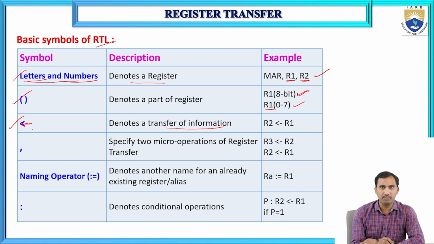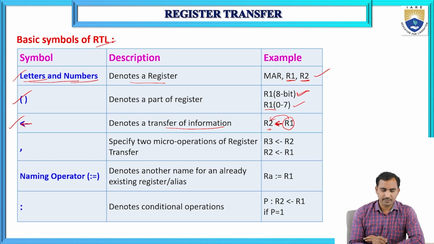For example, R2 arrow R1 means the contents of the R1 register are transferred to the R2 register. So this arrow denotes the transfer of information from one register to another register.